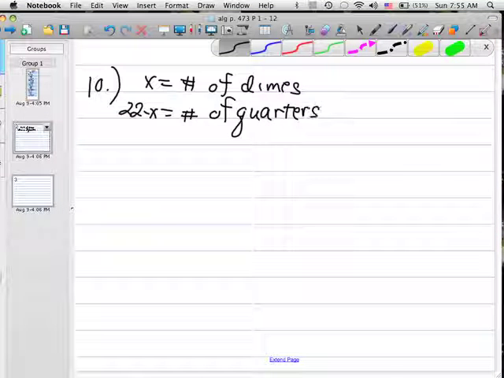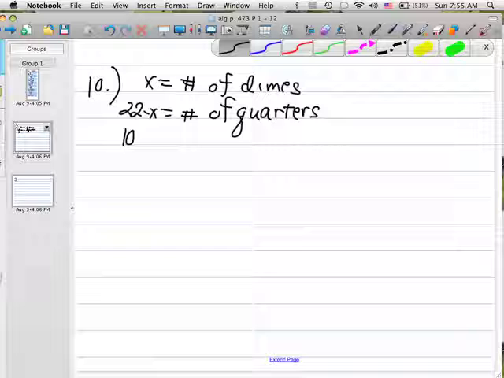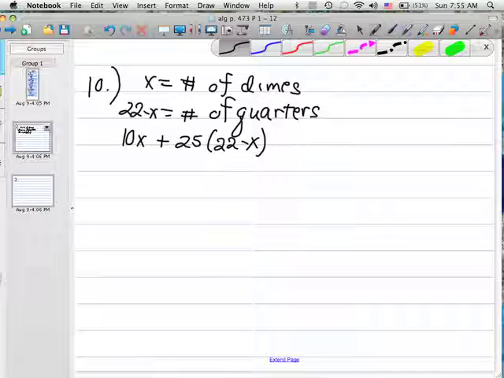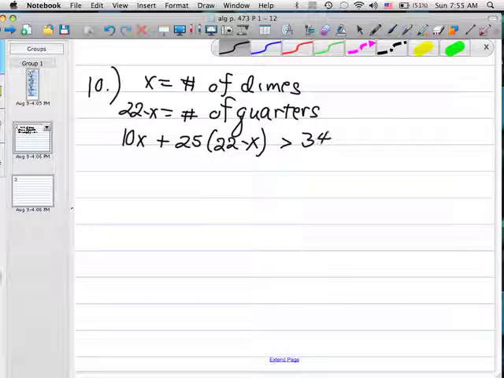And we know the value of the dimes is 10 cents, so 10x is the total value of the dimes, plus 25 times 22 minus x is the value of the quarters, and it has to be more than $3.40. So I'm going to use 340 cents since I used 25 and 10.